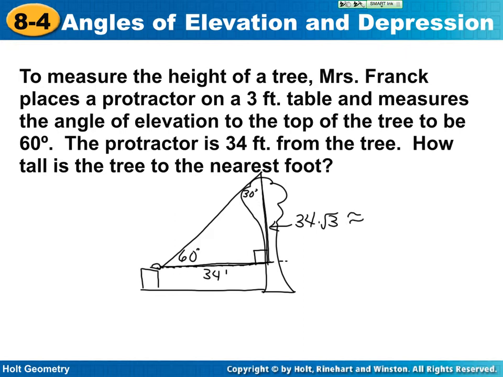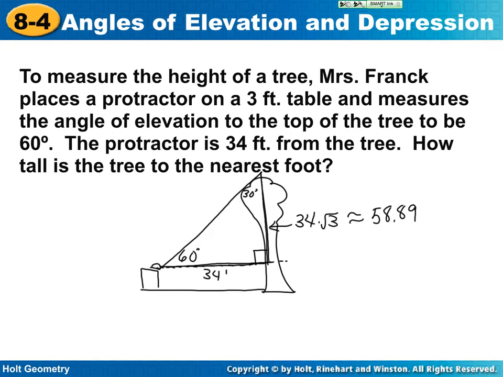What is 34 times the square root of 3? There are options to this problem. 34 times the square root of 3. 58.89, I'll say for right now. And if you did the trig ratios, it should come out to be that same number.